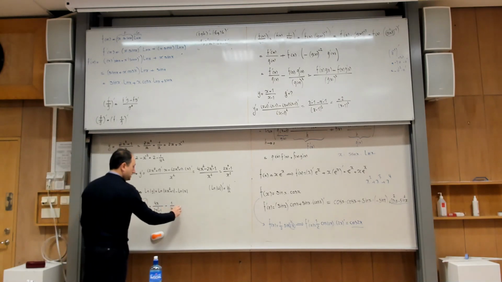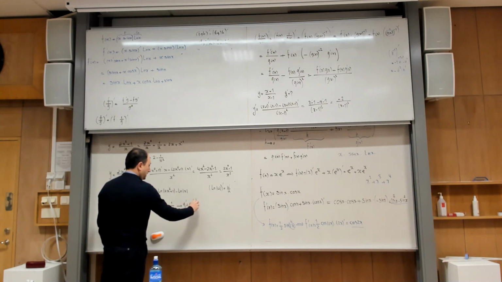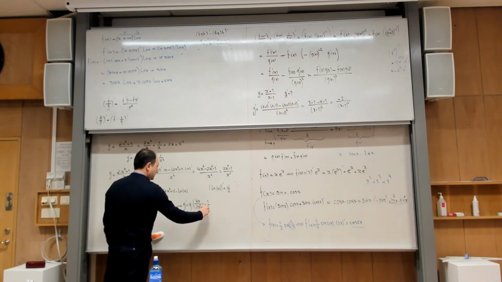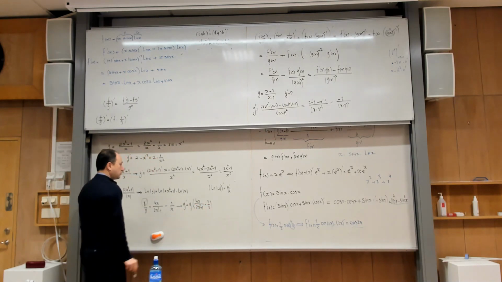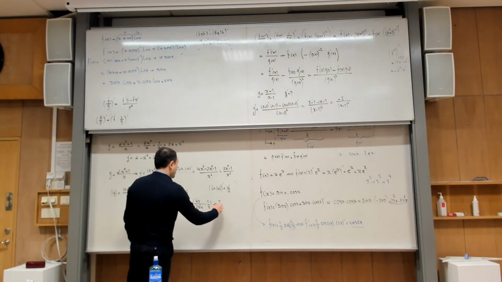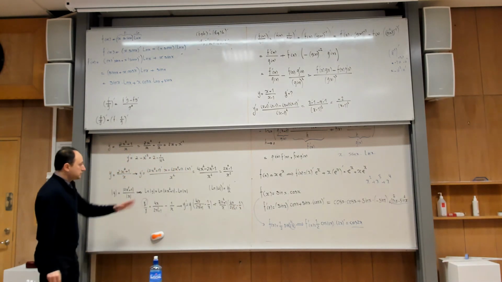So this means that y prime is y multiplied by 4x over 2x squared plus 1 minus 1 over x. But of course, I have to write this expression for y, and then it becomes 2x squared plus 1 over x multiplied by 4x over 2x squared plus 1 minus 1 over x. And then, of course, that is it, finished.